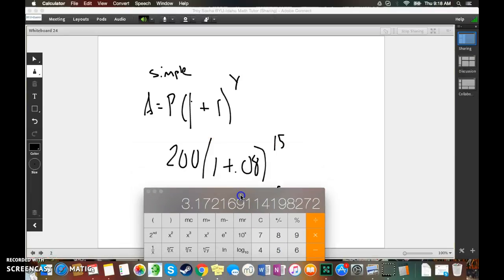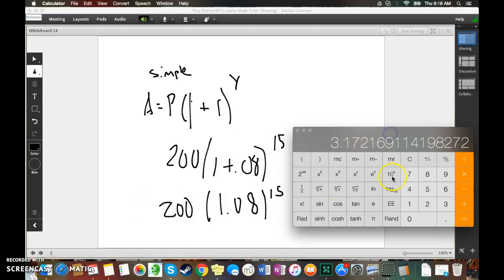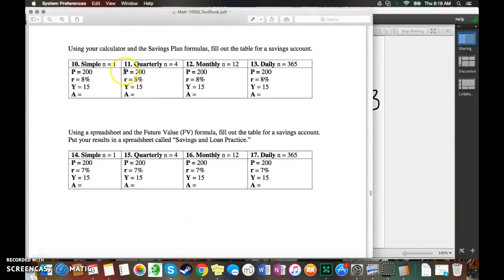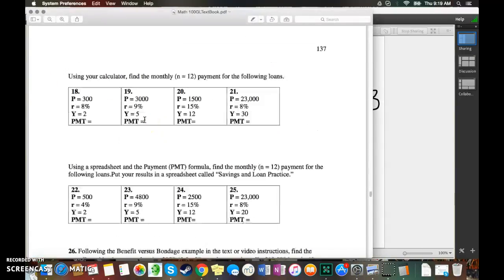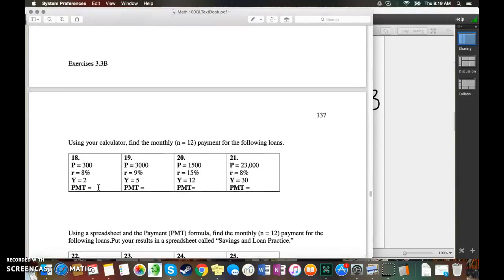So that's 3 point that. Okay, now we need to multiply that by 200. Equals 634.43. So simple interest is pretty easy to do. If we look at question number 10, yep, that's the answer. All right, so simple interest is pretty easy to do.